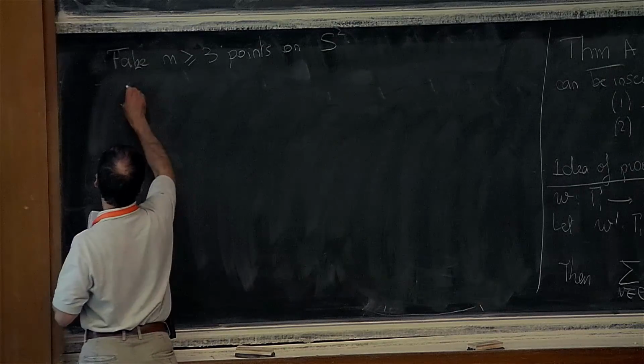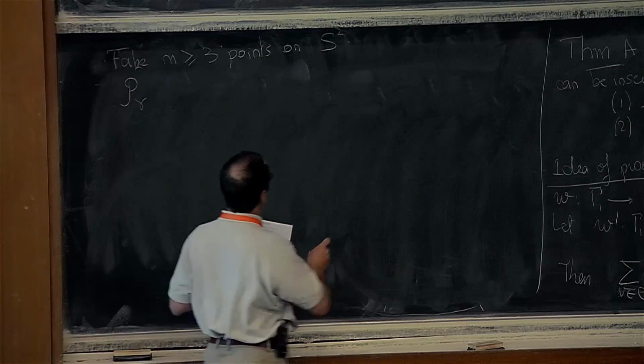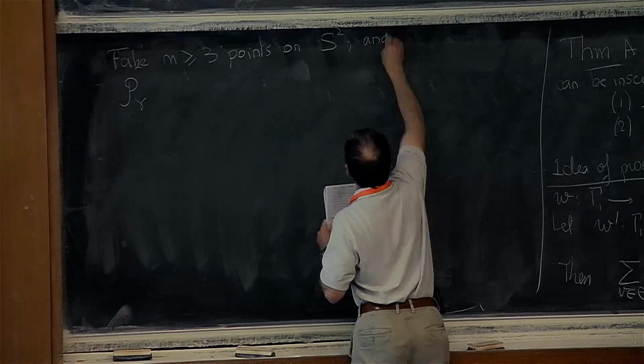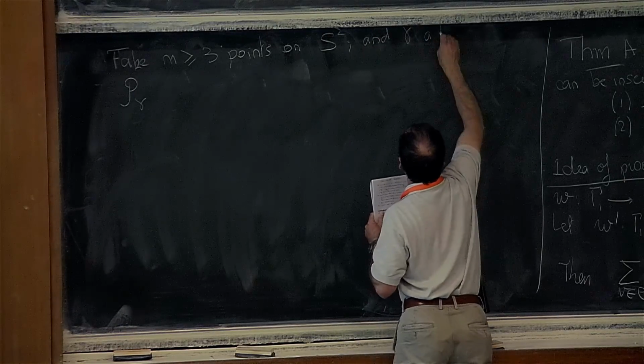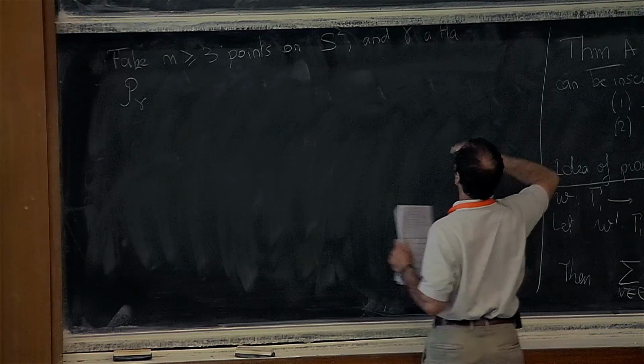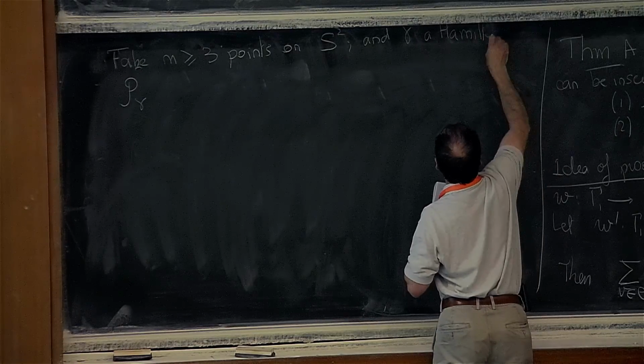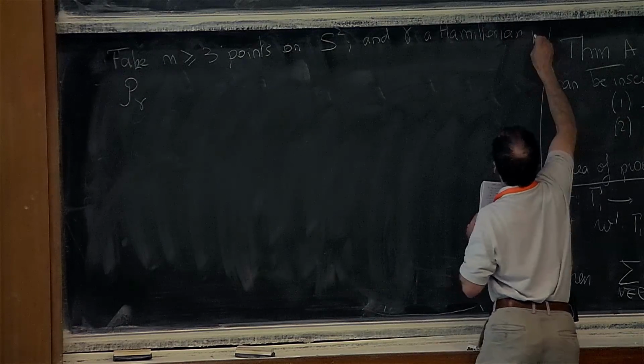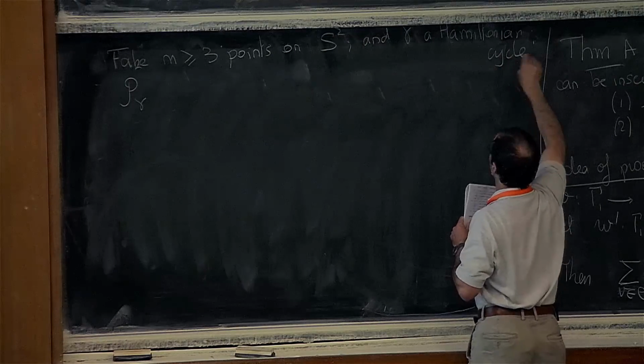So, we look at the space P gamma. Oh, sorry. I need to take gamma a Hamiltonian path, going through those points. Cycle. Yeah.